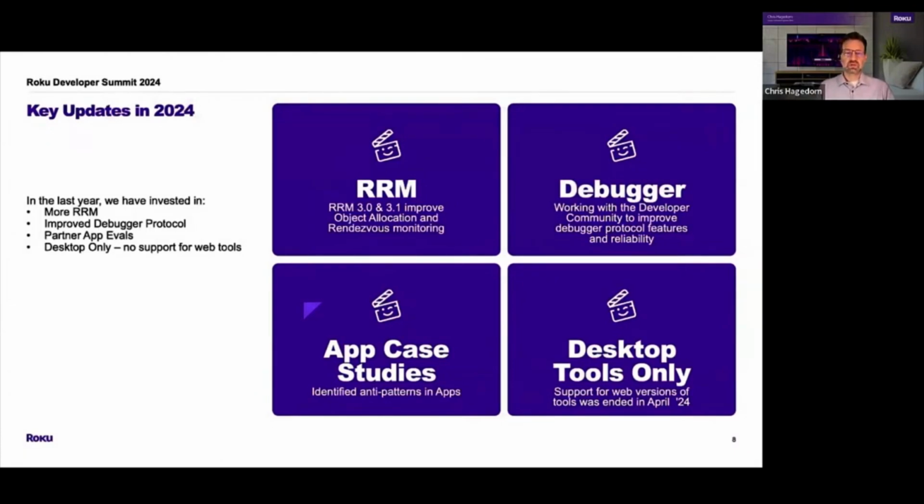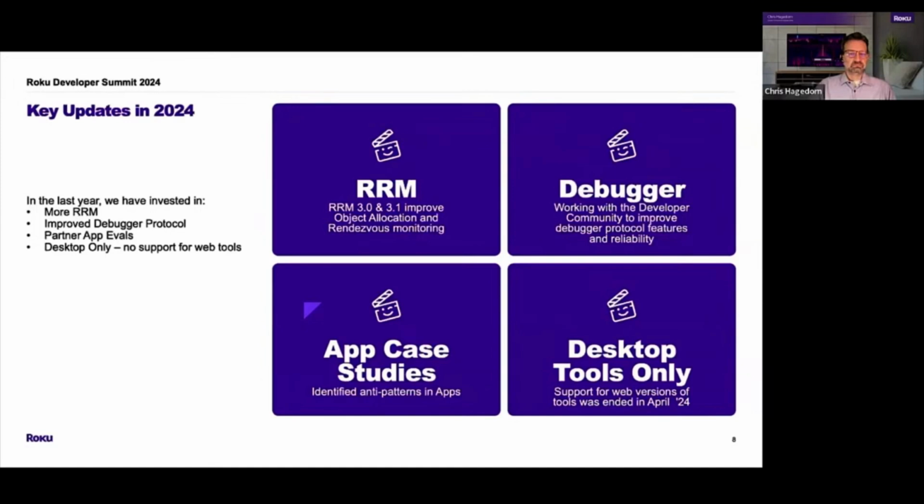We also spent a lot of time working on the debug protocol this year, with stability and reliability in mind. In addition to those basic stability improvements, we also added object allocation and improved rendezvous monitoring to RRM in 3.0, and version 3.1, which we'll see a demo of in a minute, builds on those and makes them even more useful.